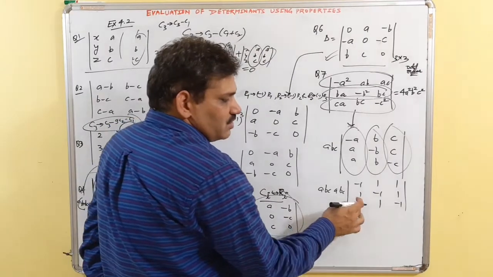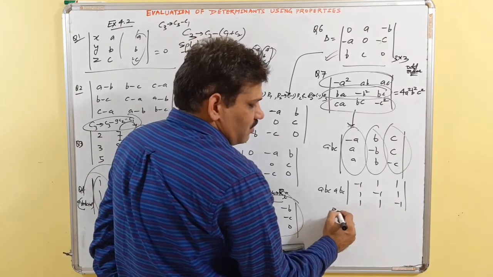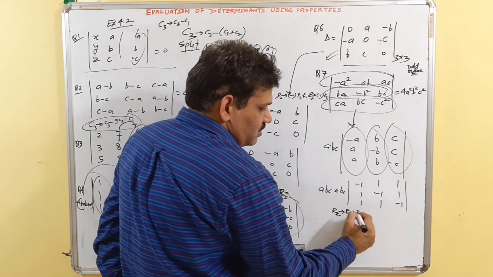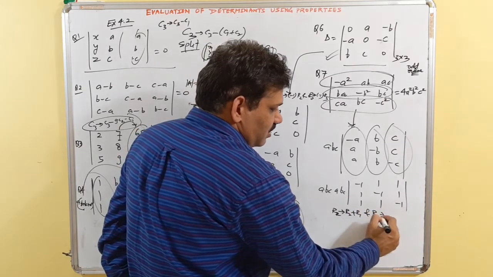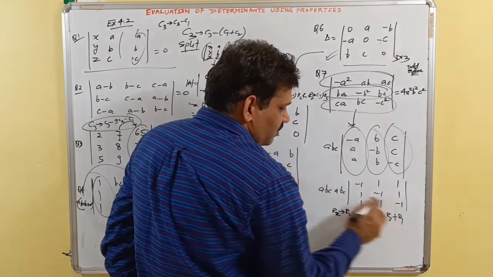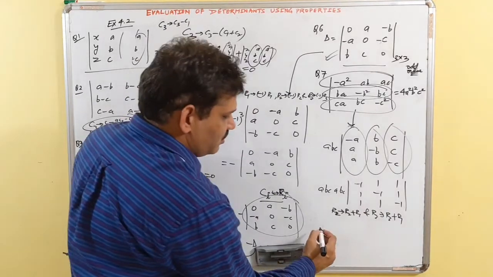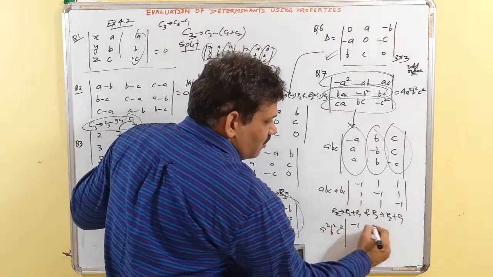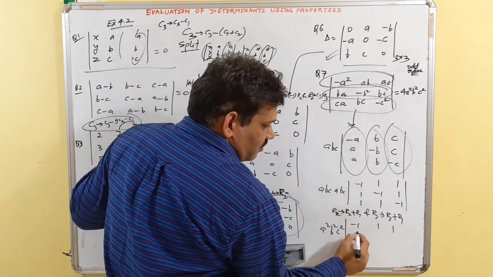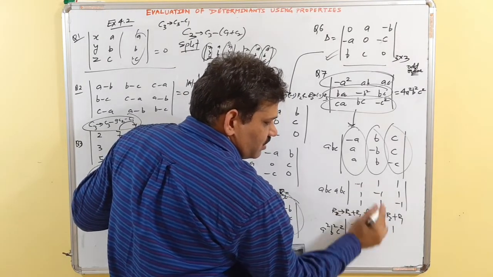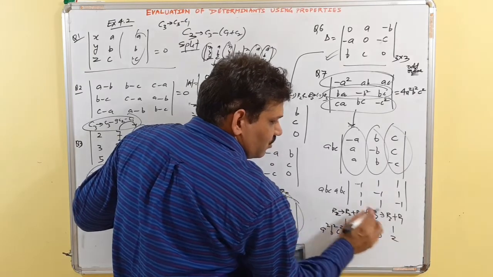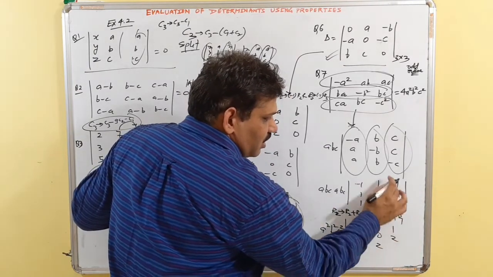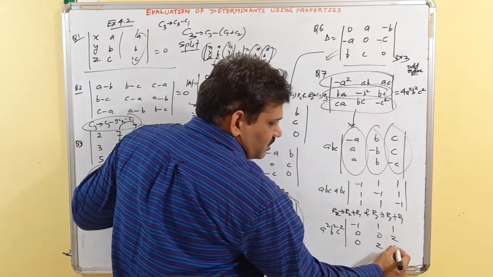Now to make two zeros, R2 becomes R2 plus R1 and R3 becomes R3 plus R1. So this is A square, B square, C square, with minus 1, 1, 1; then 0, 2, 0, since 1 minus 1 is 0, 1 plus 1 is 2; and 0, 0, 2, since 1 plus 1 is 2 and minus 1 plus 1 is 0.